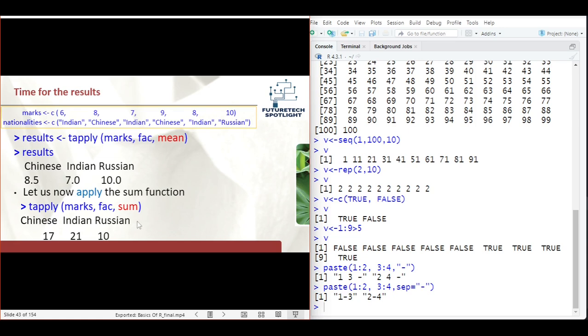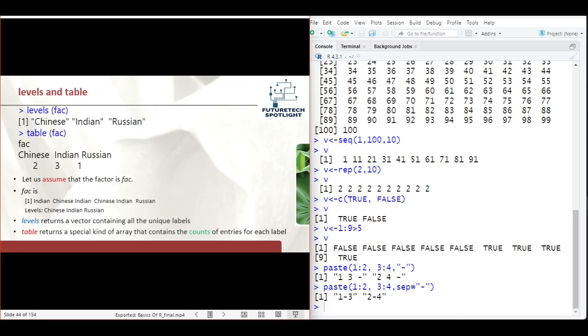Okay, same way if we want to do the sum of the marks, that is also possible. So this way we will get the sum of the marks. Clear everyone? So this way we can calculate and use factor in the real world. Now if we want to check the levels of the given factor, then the levels function is there. levels(fact) will give you the levels Chinese, Indian, Russian, and we have another function called table.